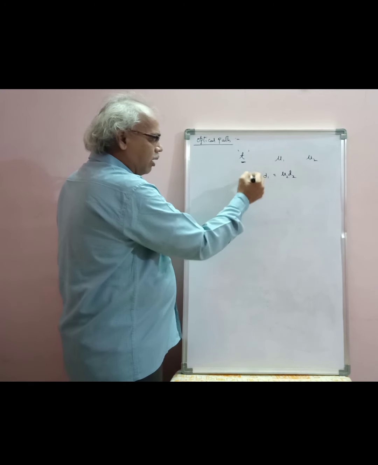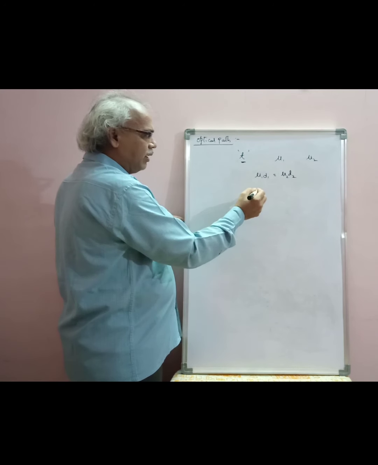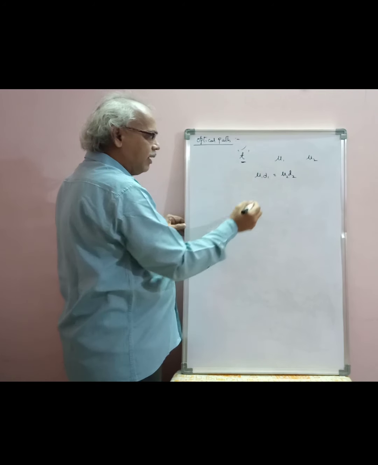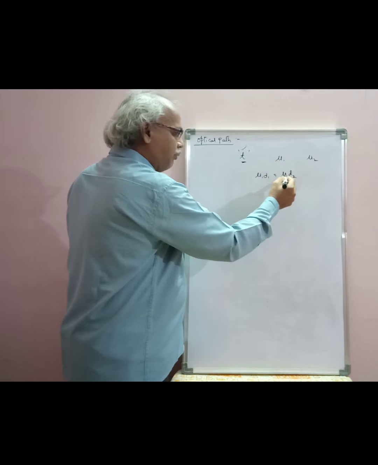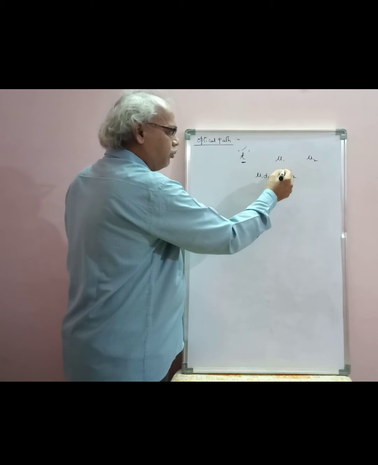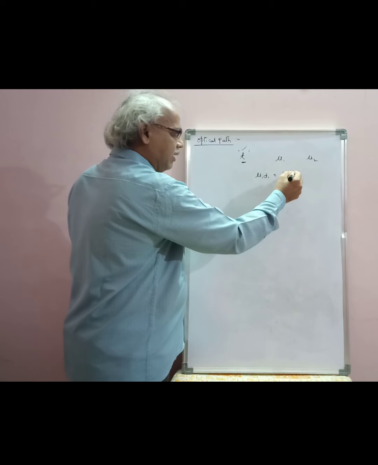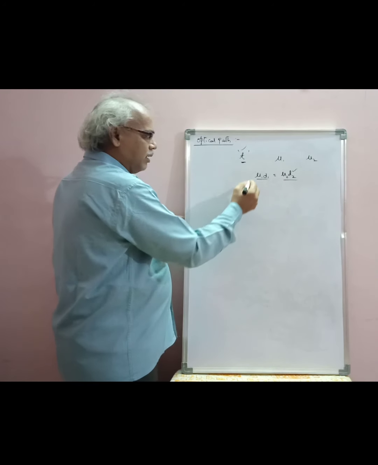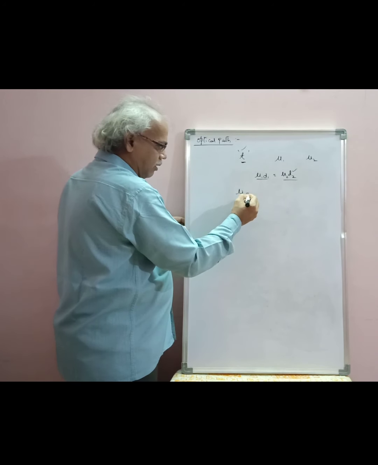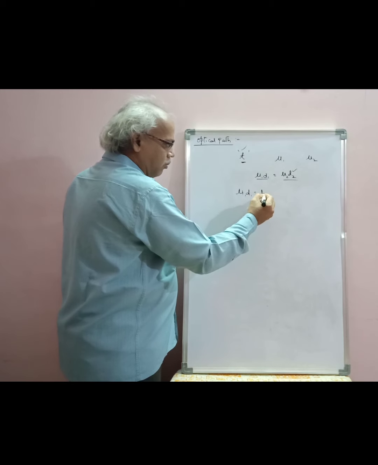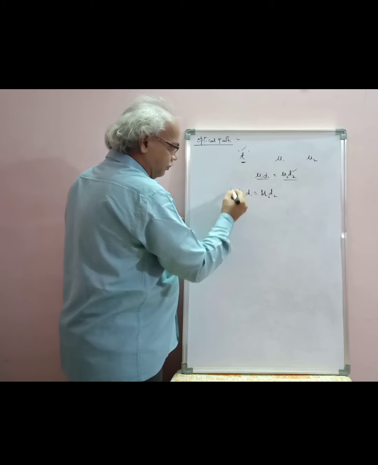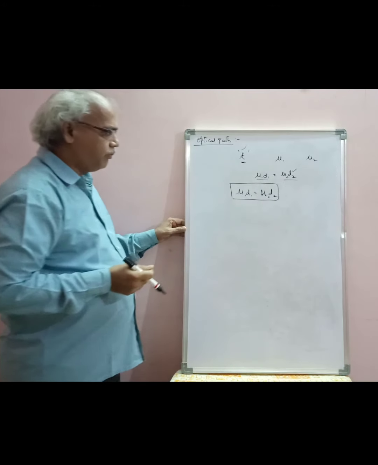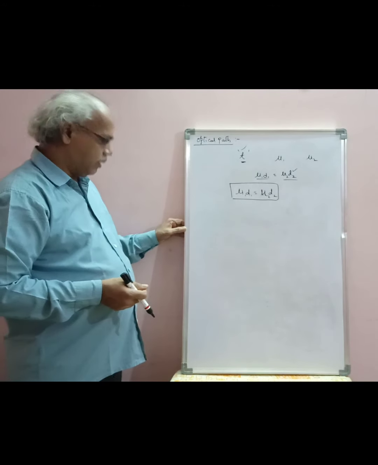So to cross this distance in refractive index mu1 takes time t, and also in the medium of refractive index mu2 the distance travelled by light is d2, but the product is the same. So mu1 d1 is equal to mu2 d2. It is a very important concept in NEET problems, a very important point.